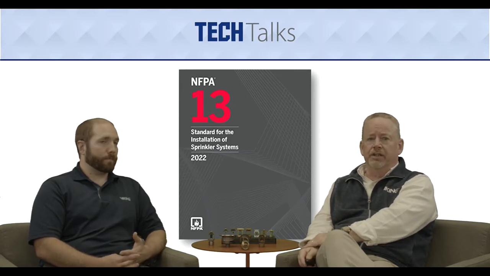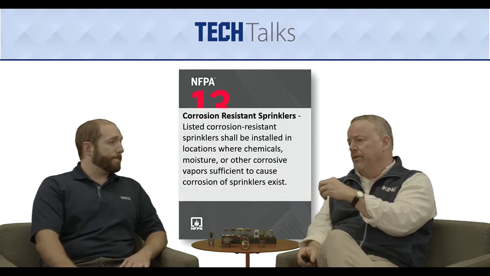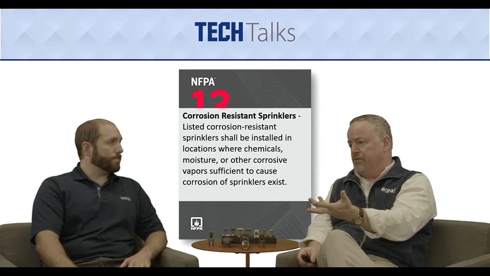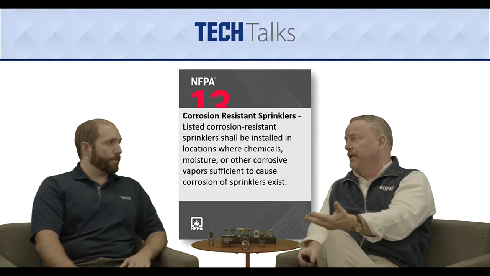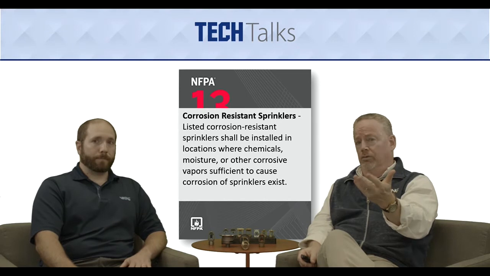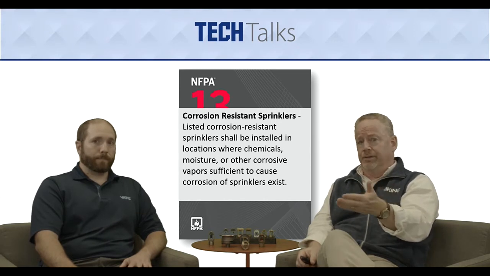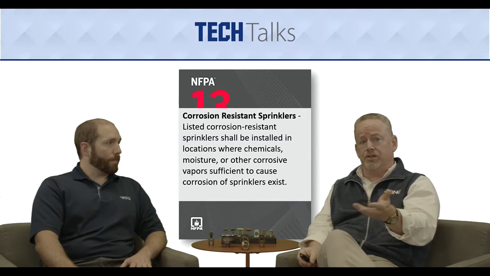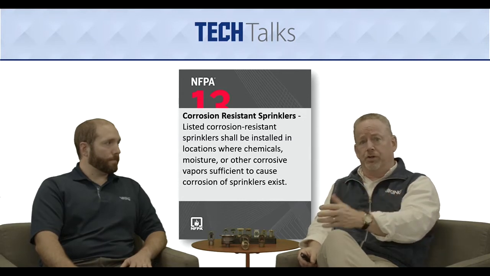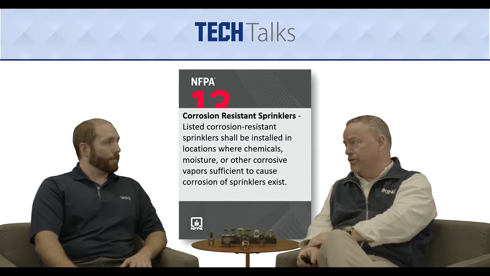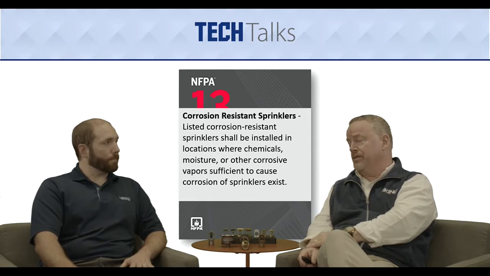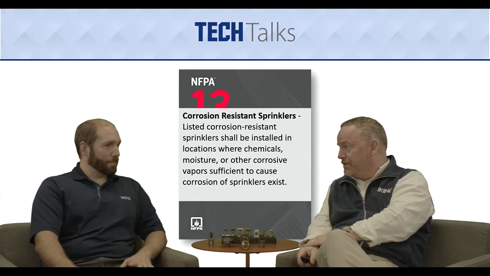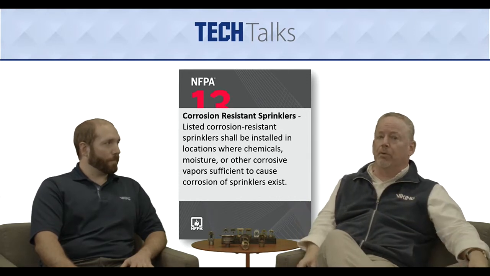The next provision that comes up in NFPA 13 says corrosion resistant sprinklers, listed corrosion resistant sprinklers, shall be installed in locations where chemicals, moisture, or corrosive vapors sufficient to cause corrosion of sprinklers exist. Well, that's a pretty broad spectrum. That in and of itself is a pretty broad statement.